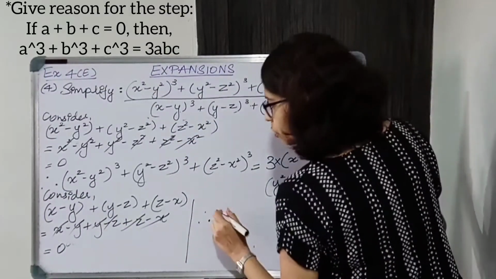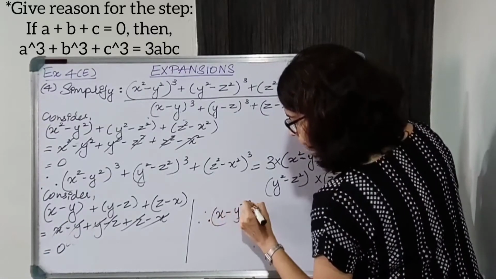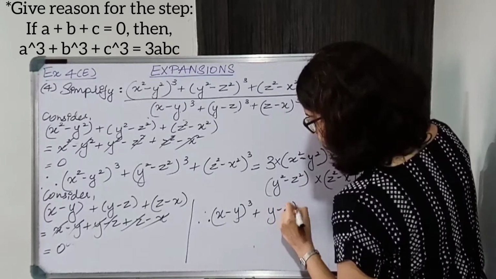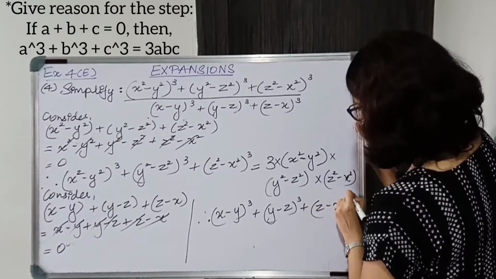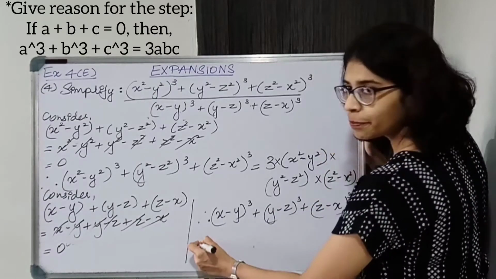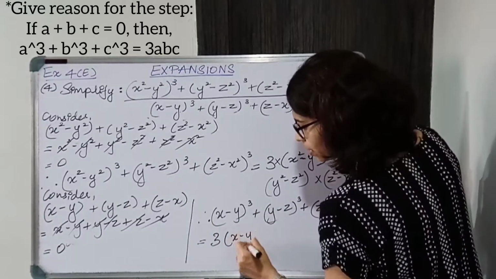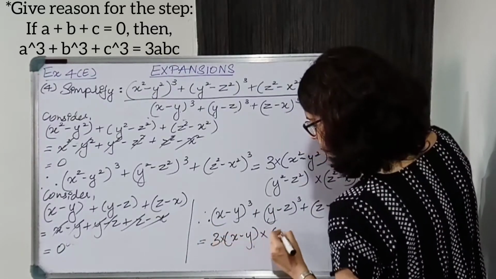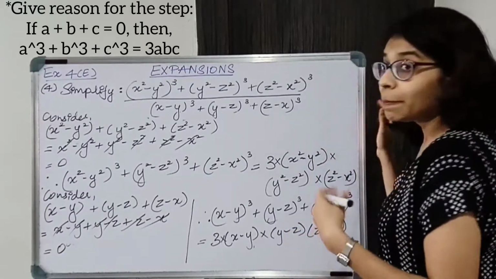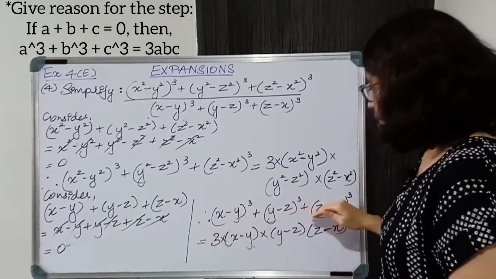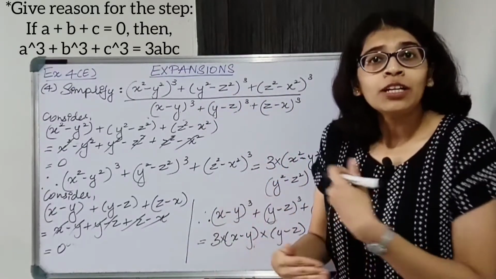So therefore x minus y the whole cube, a cube plus b cube plus c cube is equal to 3abc. So 3 into a is x minus y, b is y minus z and c is z minus x. So in place of this denominator I can write this.